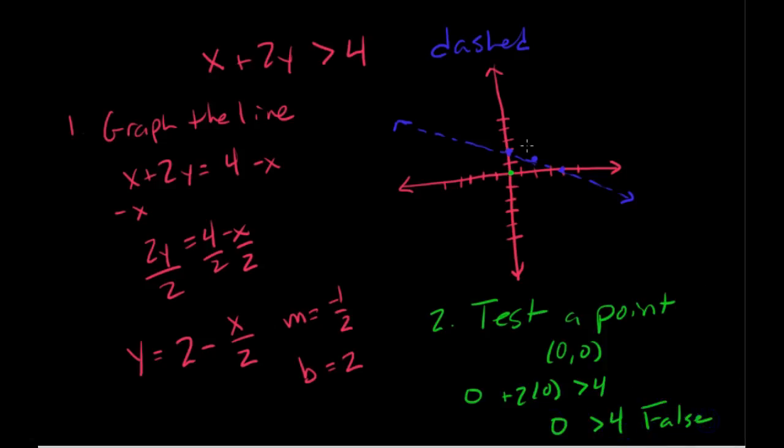That is false. So that means that the origin in this situation is a false point. Since that's the case, we are going to shade on the other side of this line. Okay, so we only shade on the side of the line that's true. And in this situation, since 0, 0 is false, the other side of the line is the true side.